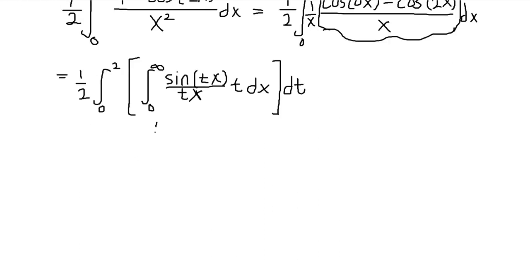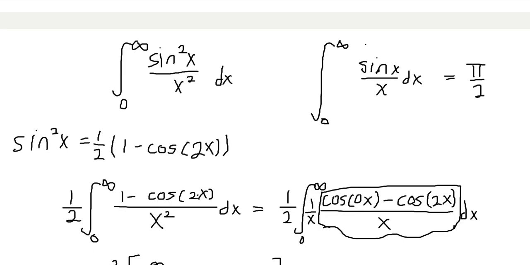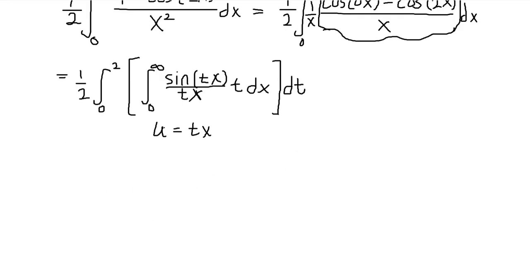Because if I let u equal t times x, then this becomes a u, this becomes a u, and this becomes a du. And my bounds stay the same, because if x is 0, no matter what t is, u will be 0. And if x is infinity, no matter what t is, u will be infinity. So that tells us that this entire integral is just pi over 2.